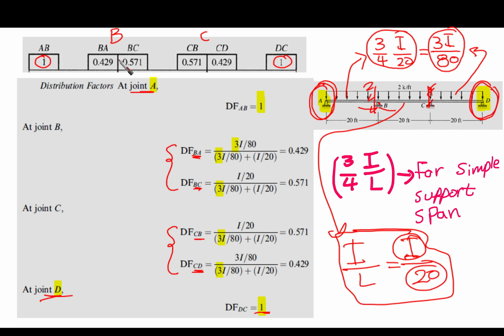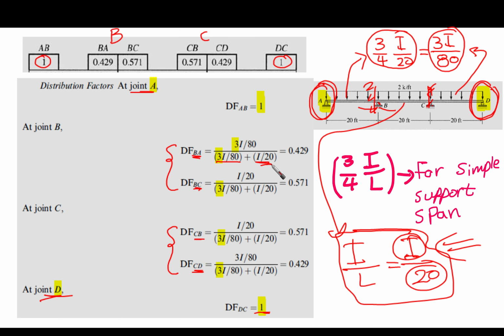At point B, we have 3I over 80 as I have explained. The spans framing into B are AB and BC. So we have 3I over 80 for BA, and for BC it is I over 20.